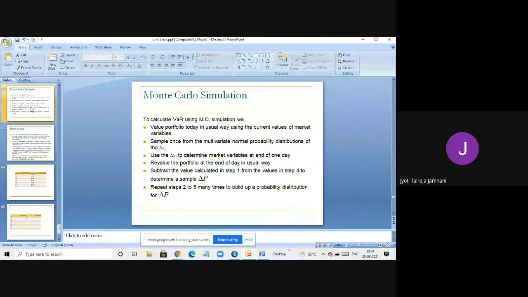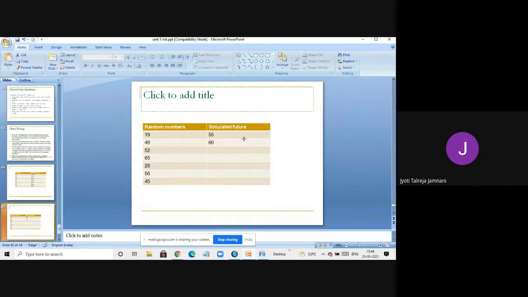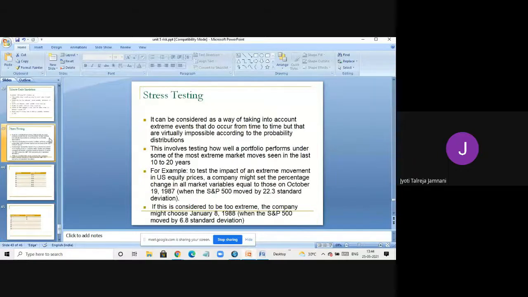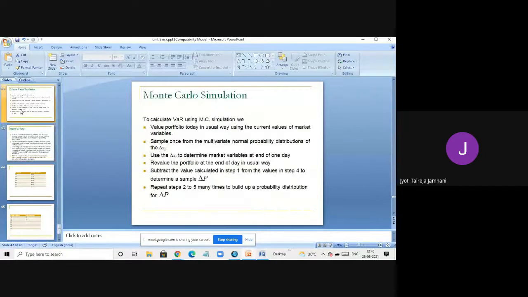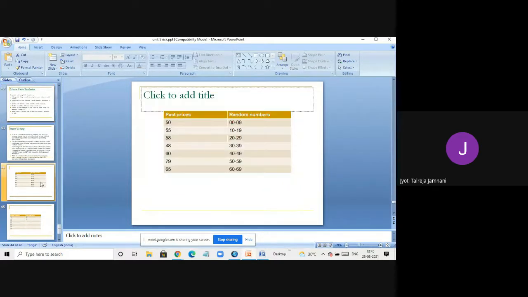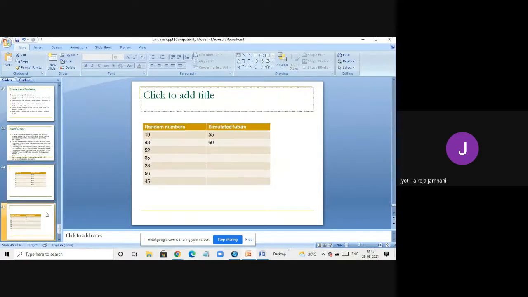So here they are telling you, you simulate, you find the sample of the future prices that you want to have. Then use the delta xi to determine market variables at the end of one day. So once you have past prices and prepared random numbers, using random numbers that are taken or selected, find the price for the first day.